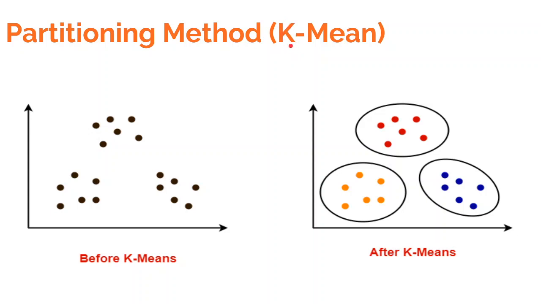That value is considered as k. Suppose the user has given 3 as the value of k, it means that 3 different categories or 3 different clusters need to be formed based on the available data. So after applying the k-means algorithm, the data are divided into these 3 different groups. This is the first group, this is the second group, this is the third group. So all these 3 groups are considered as clusters.